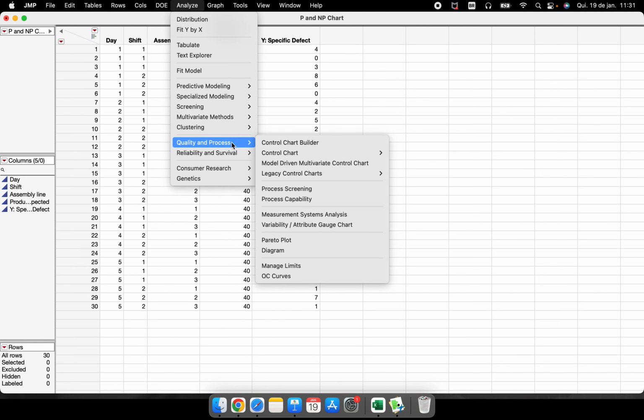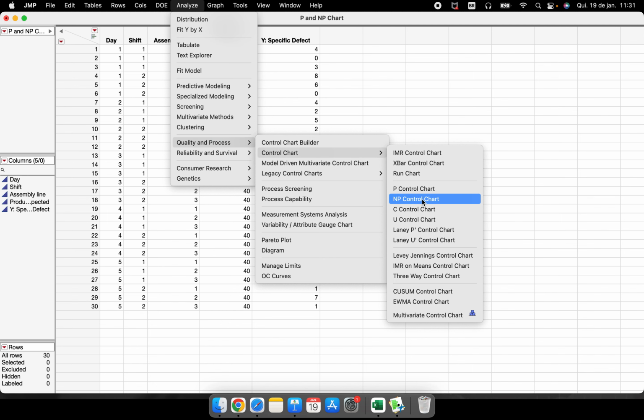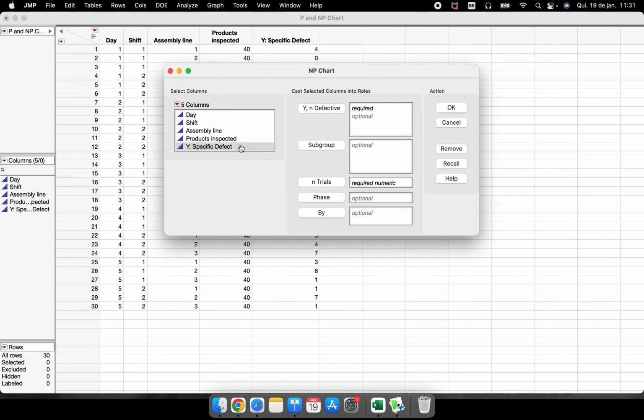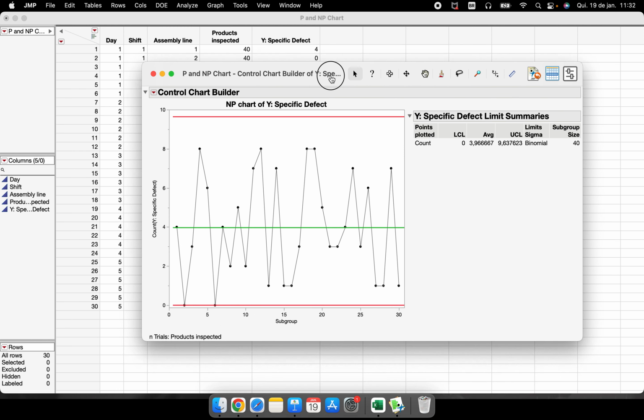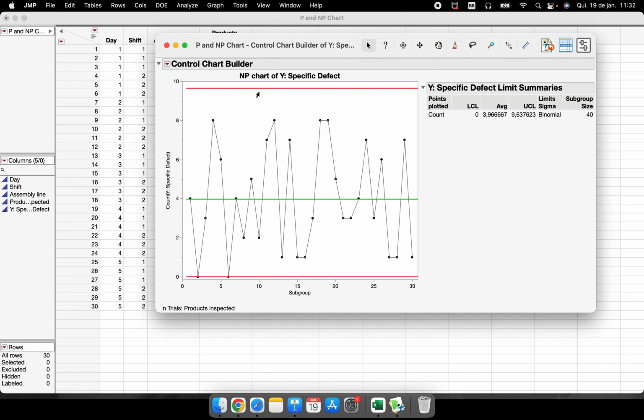Analyze, quality and process, control chart, and P chart. So I will put my Y column here, and the products inspected I will put in these N trials. The moment that I click OK, I have now an NP chart.